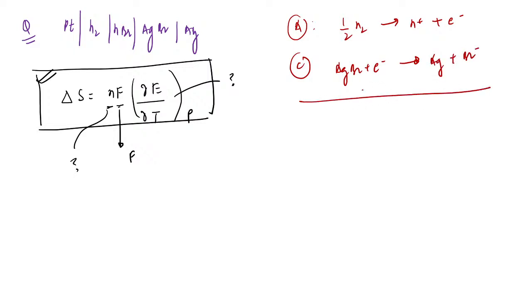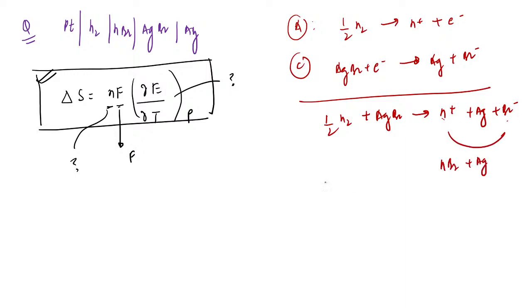So finally, you will be getting half H2 plus AgBr giving H plus, Ag and Br minus. This H plus and Br minus will combine together and form HBr, along with Ag.